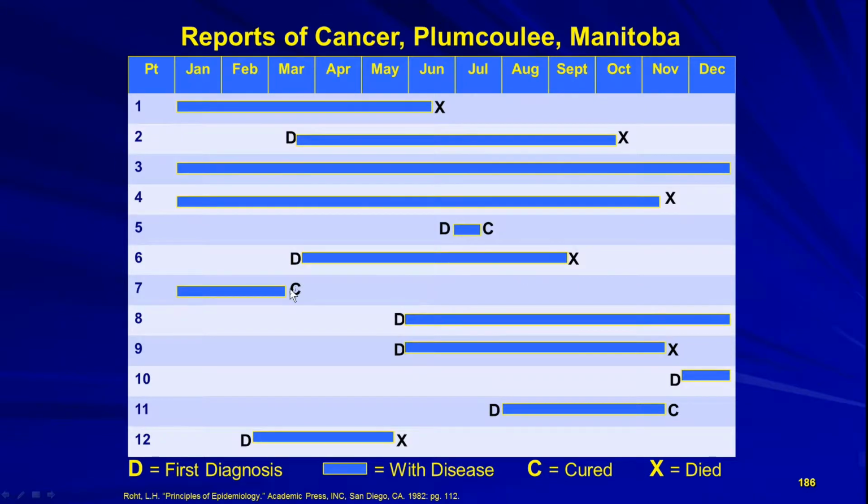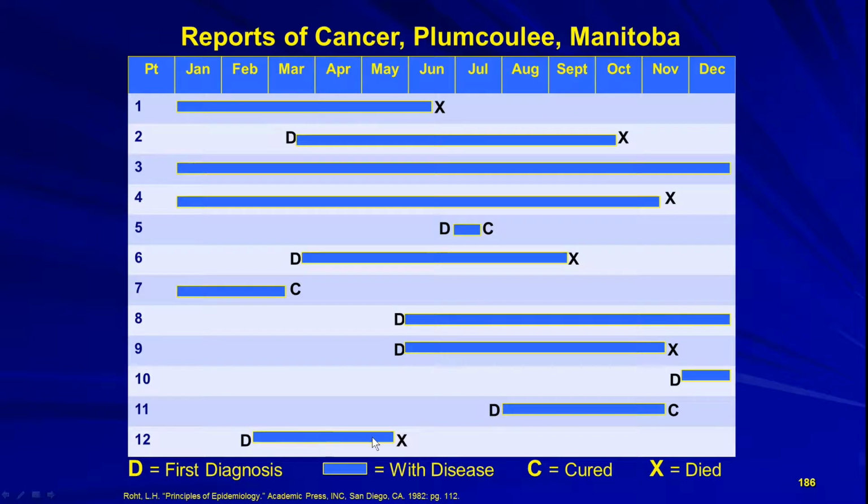We're not going to count case 7 because it falls out of the time frame. We're going to count case 8. We're going to count case 9. We're not going to count case 10, and we're not going to count case 11 because it falls out of the time period of interest, and we're not going to count case 12.